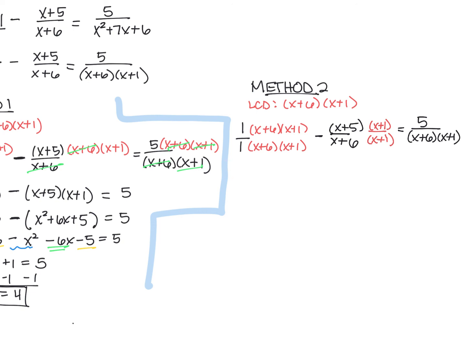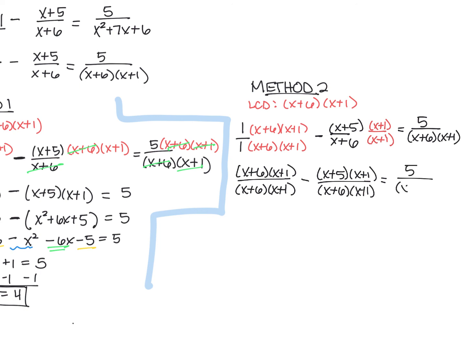And so doing so, I get x plus 6 times x plus 1 over x plus 6 times x plus 1 minus x plus 5 times x plus 1 over x plus 6 times x plus 1, that's the whole point of this, equals 5 over x plus 6 times x plus 1.